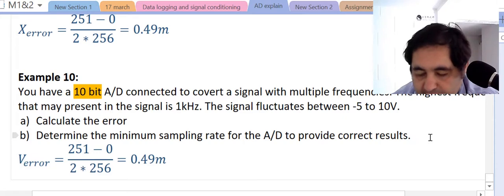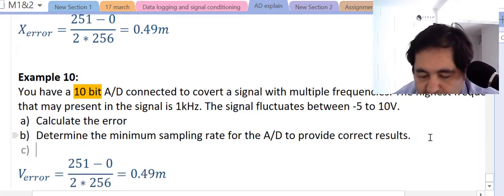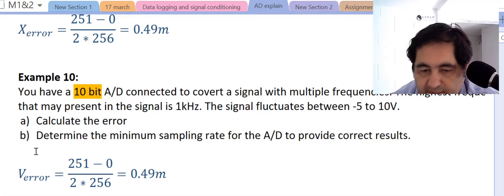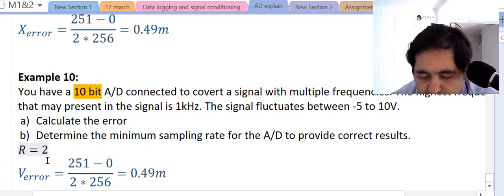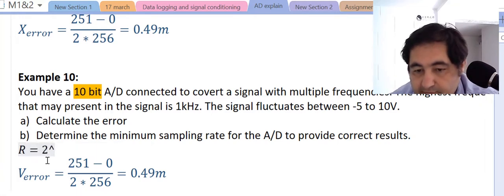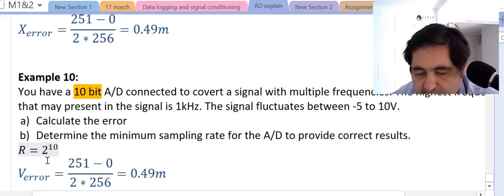The first thing is calculating the resolution. So R equals 2 power 10, well, 1024.